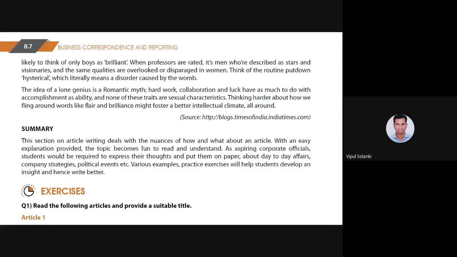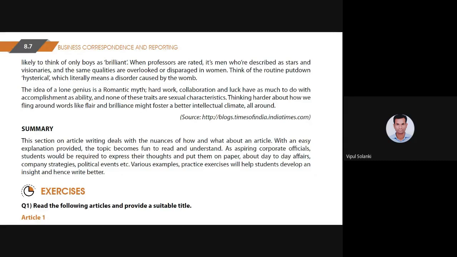This section on article writing deals with the nuances of how and what about an article. With an easy explanation provided, the topic becomes fun to read and understand.